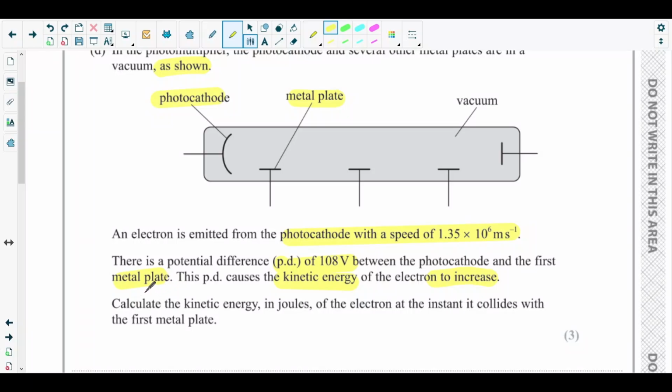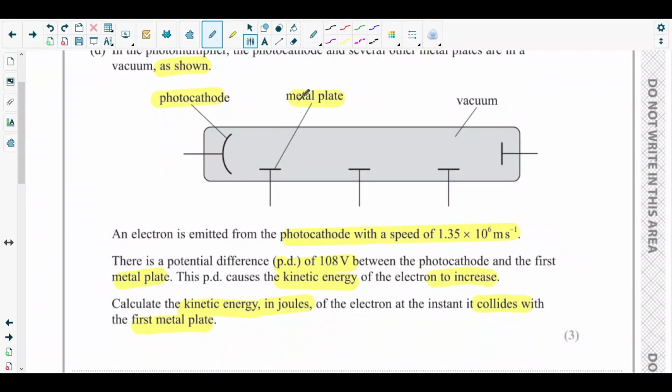Okay, fine. So part D is asking to calculate the kinetic energy in joules of the electron at the instant it collides with the first metal plate. So we have to find out the kinetic energy of the electron as it hits the first metal plate.